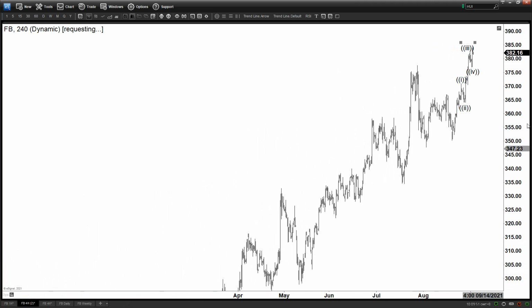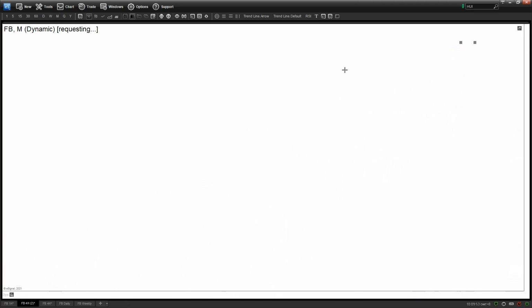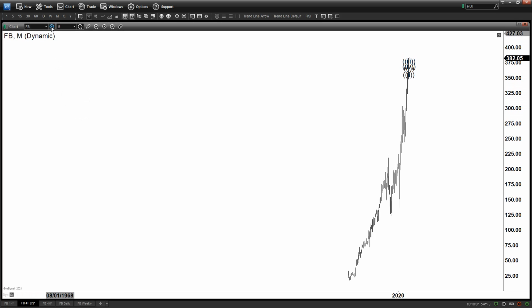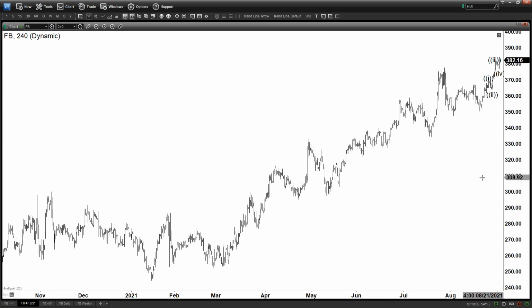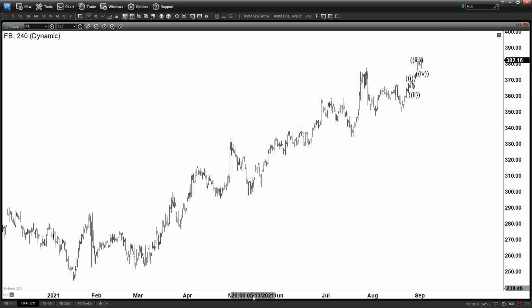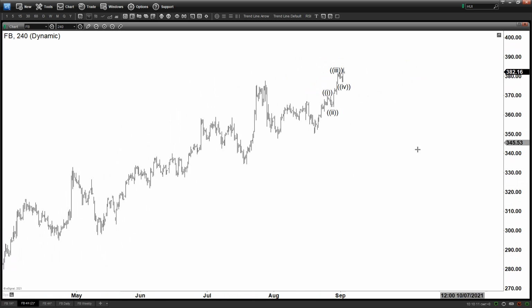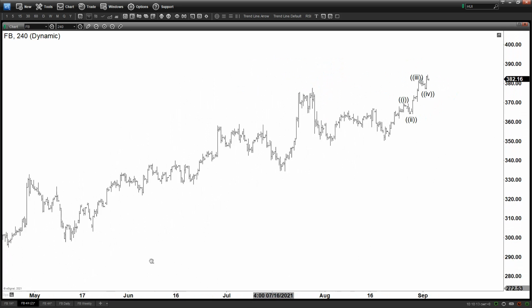If you look at the monthly, we are at the all-time high, as you can see over there. What that means is it has to be an impulse. The move has to be an impulse, there's no other option, because it makes an all-time high.